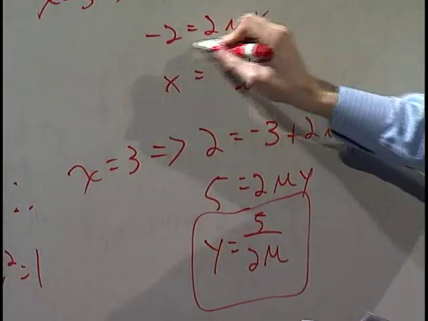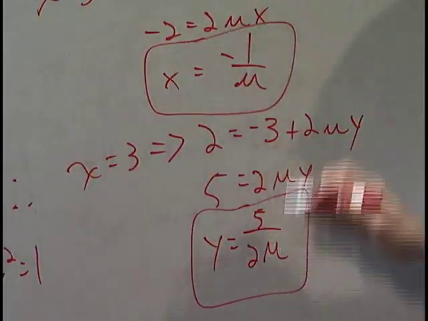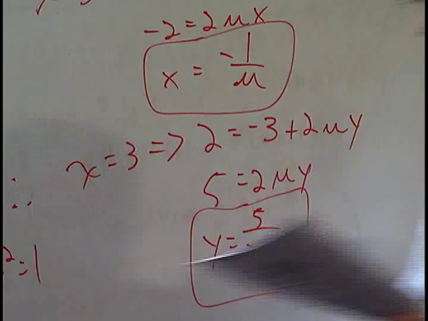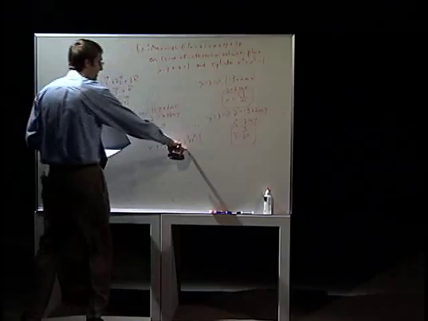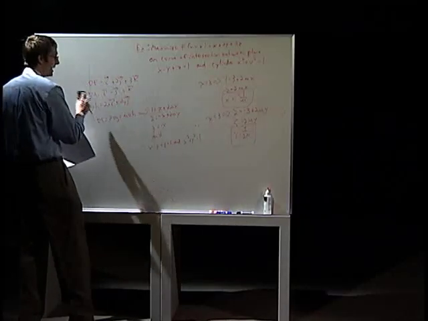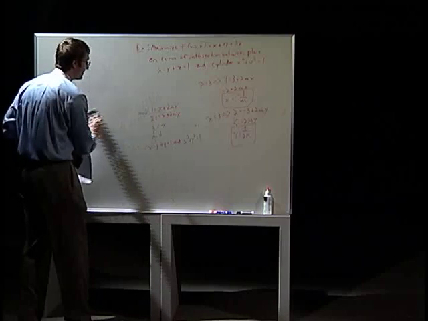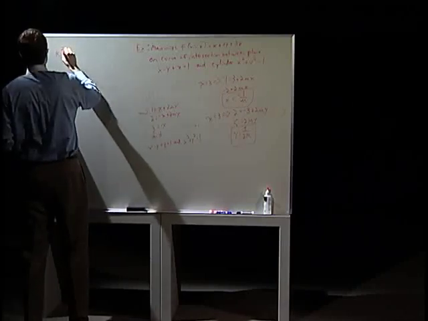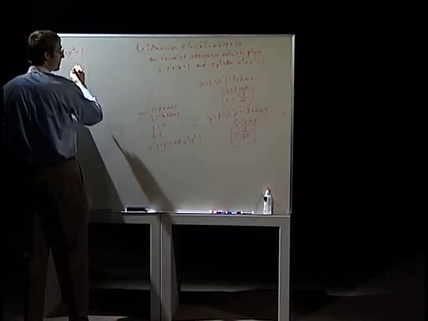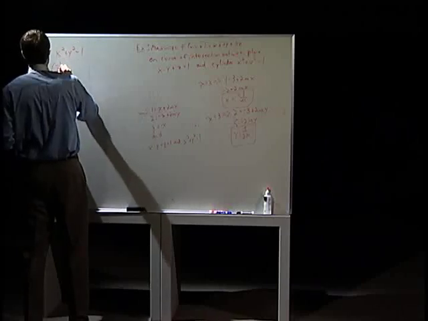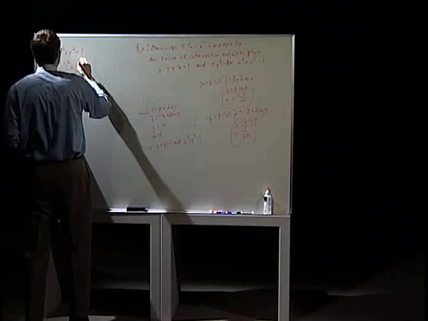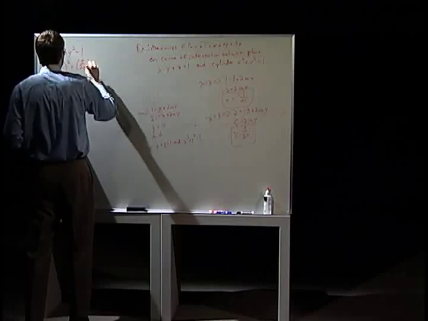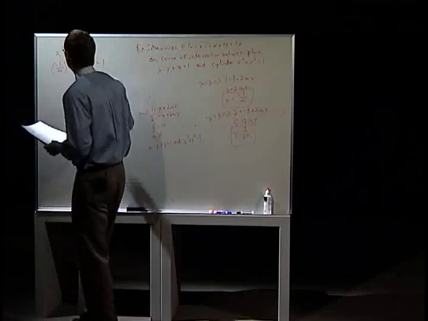Okay, so we have that expression for x and y now. Well, we have this constraint down here in terms of just x and y, so let's see if we can solve for mu. So we plug it in, x squared plus y squared equals 1. Negative 1 over mu squared plus 5 over 2 mu squared equals 1.